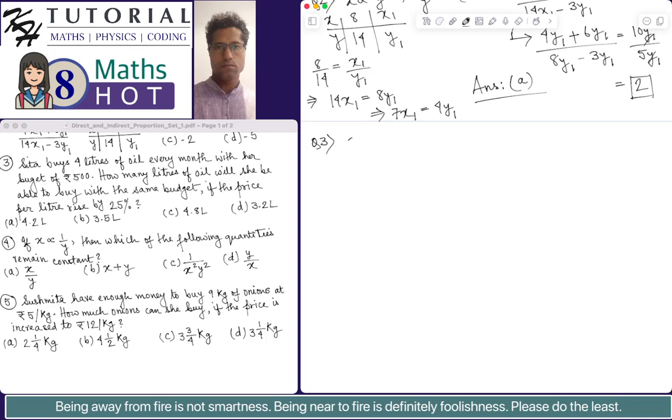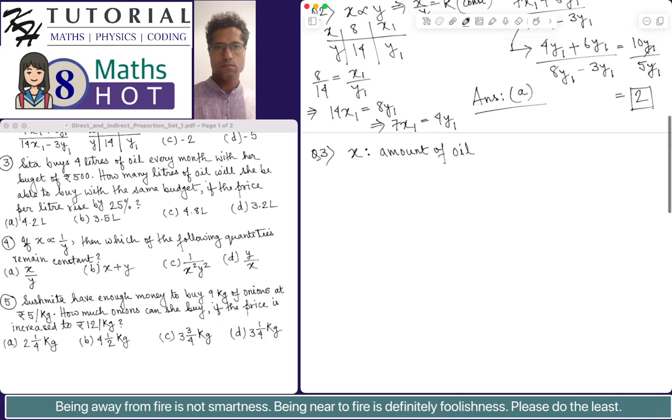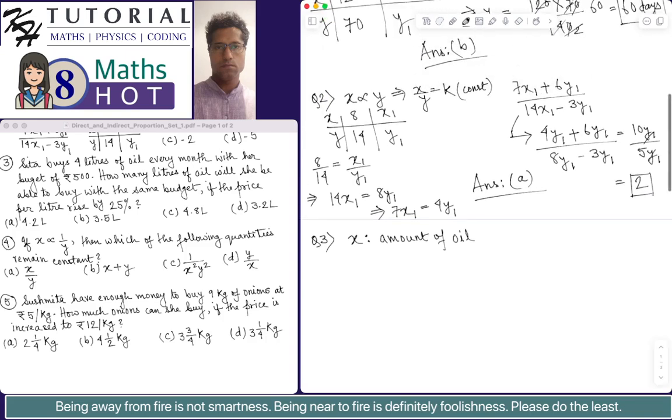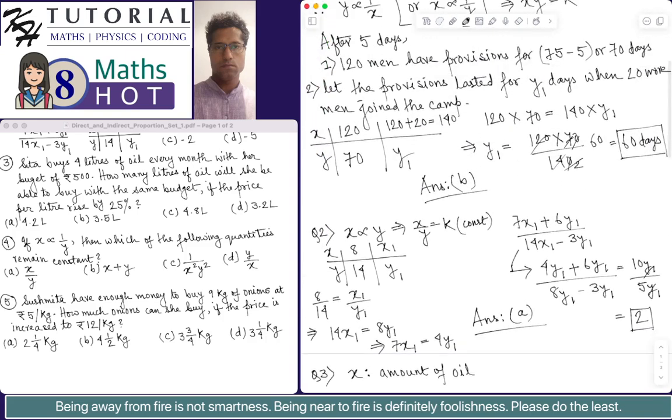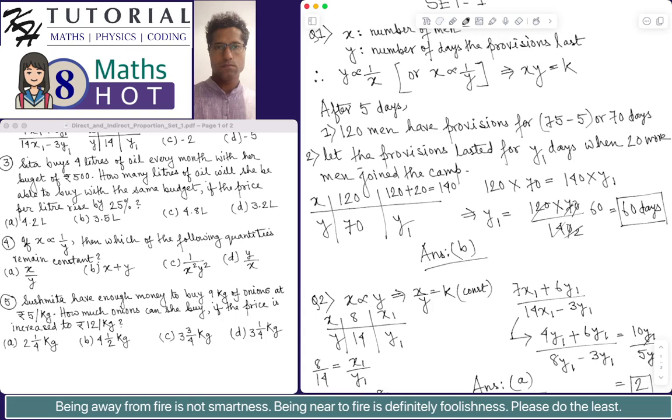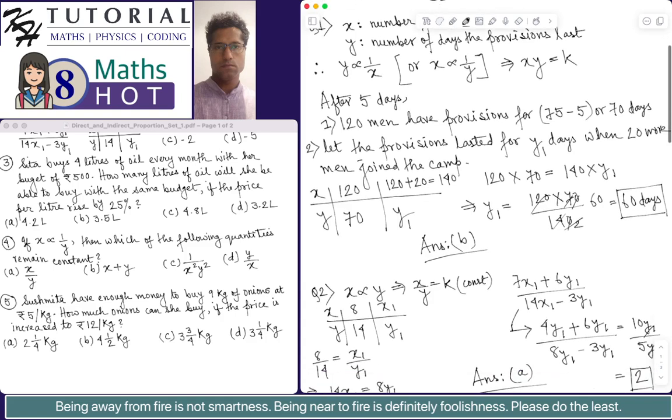So if I consider X to be the amount of oil. By the way, when you are considering the two quantities X and Y, you should always specify the unit. For the first problem, there was no unit.